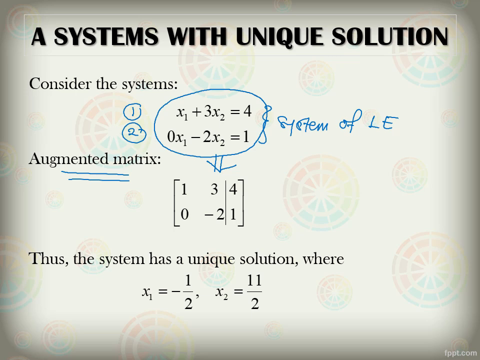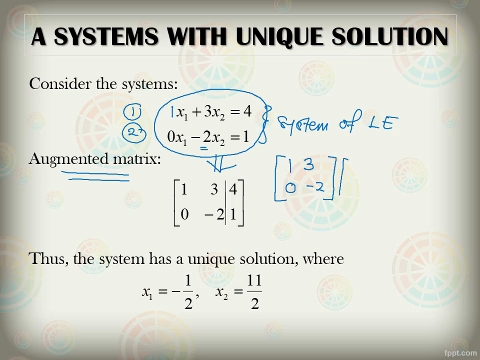consists of matrix. Okay, what is the scalar for x1? It is 1, okay, so 1. What is the scalar for x2? It is 3. What is the scalar for the second equation of the x1 here? It is 0. And for this one, it is -2. Okay.